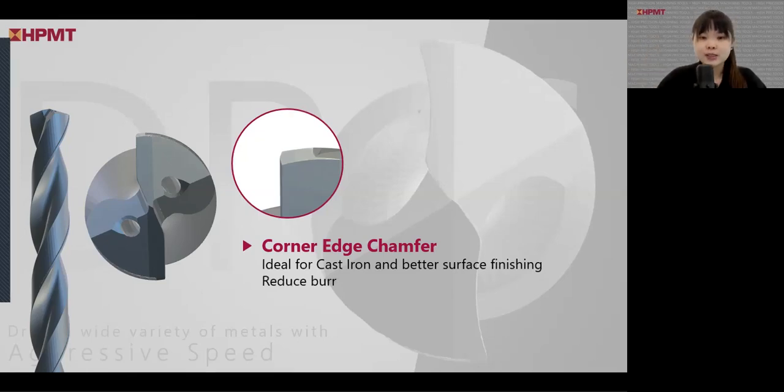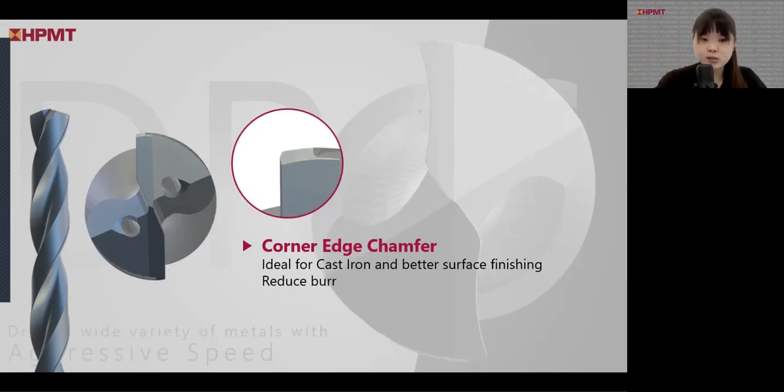And usually this GG point is designed to clean out the exit part when we attempt the straight hole drilling process, especially when you are working with cast iron. Cast iron is one of the very famous materials that always faces exit burr issues.